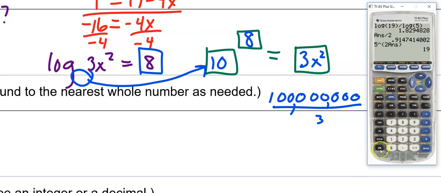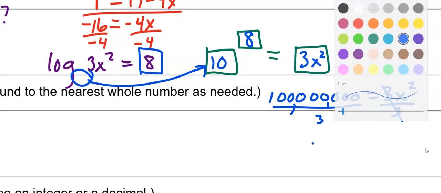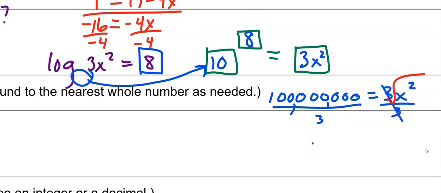Let me clear this. 10 to the 8th, see, that's that big number, divided by 3 equals. There we go. So, got a lot of numbers there. And then, of course, the last thing that's going to happen in this question, to get rid of the square, is take that square root.